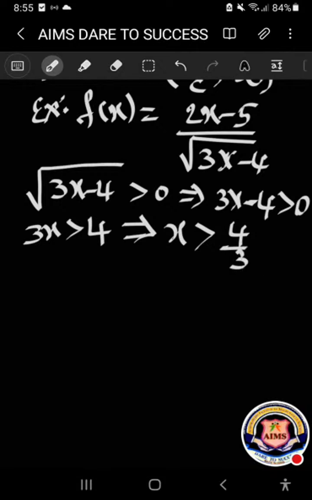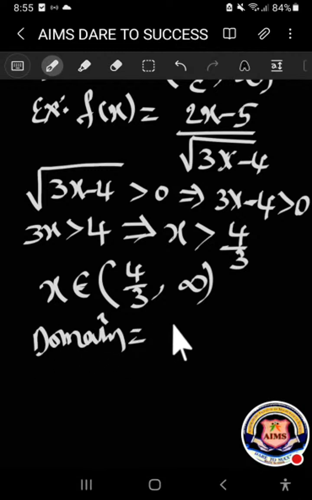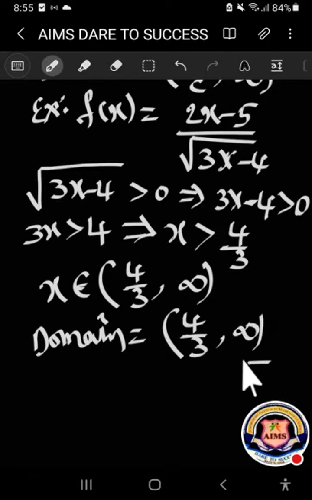That is, x belongs to the open interval 4/3 comma infinity. So now I am writing the domain for this question: same to same, open interval 4/3 comma infinity. It will be an open interval; for this whole concept we get only an open interval, don't worry.